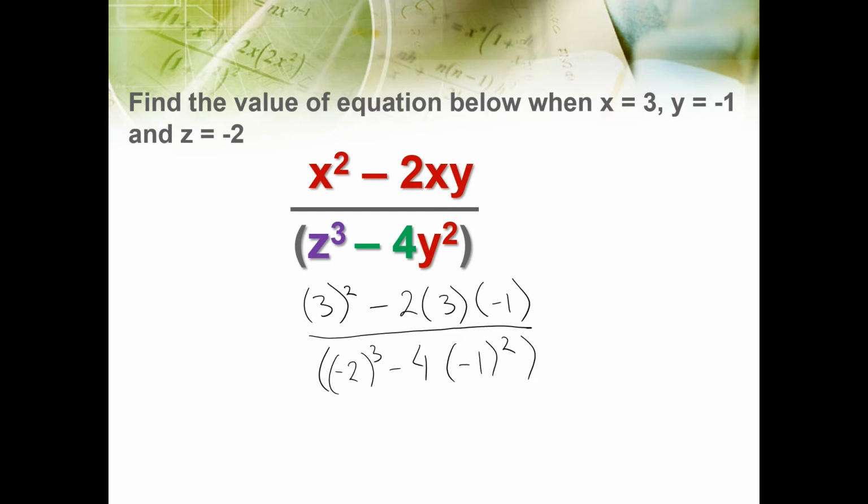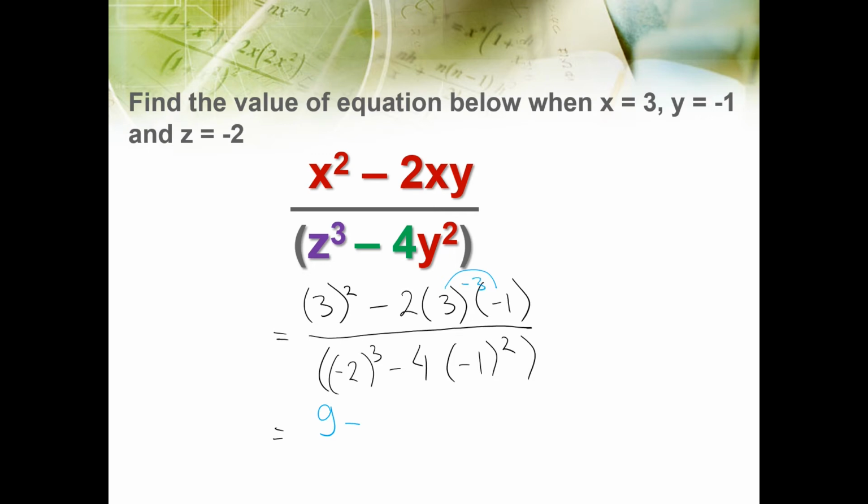Okay, let's solve one by one. I use the color blue so you can see the difference. 3 to the power of 3 equals, yes, 9 minus 3 times minus 1 equals minus 3.